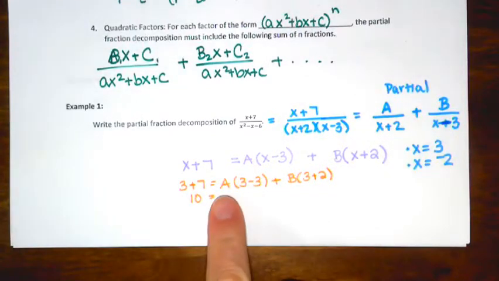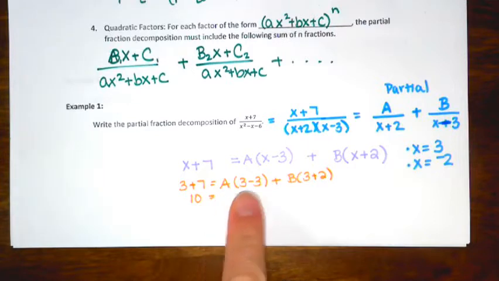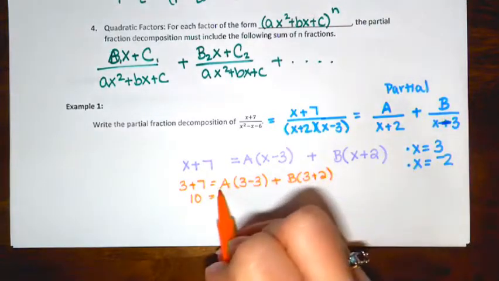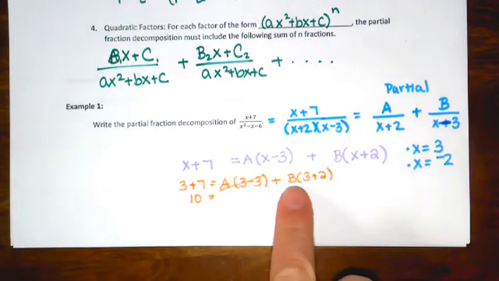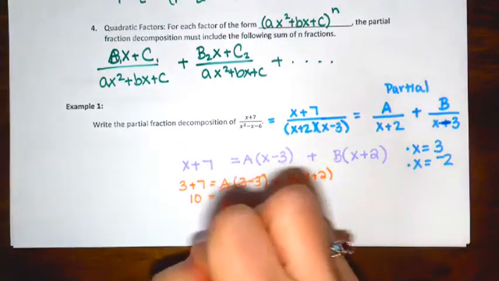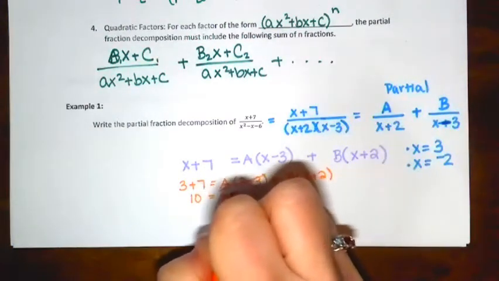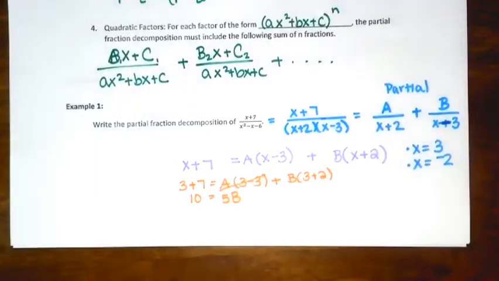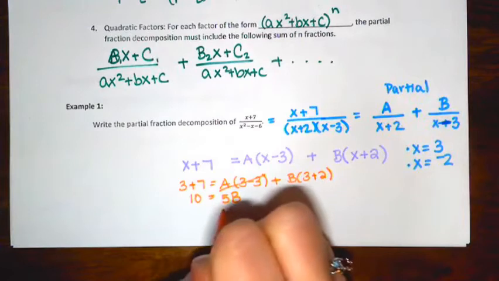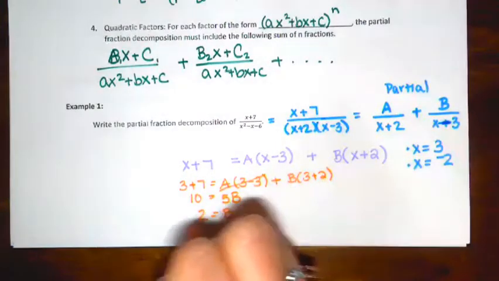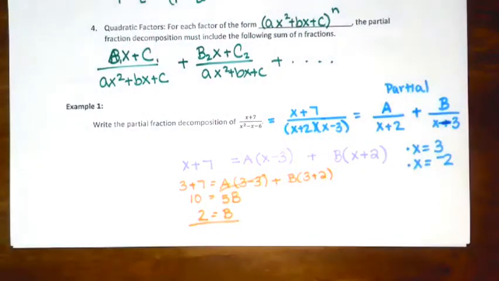And what's 0 times a? 0. So a cancels out, doesn't it? Plus b times what's 3 plus 2? 5. So we have 5b. So now can we solve for b? Yes. So b would equal 2. So now I know what b is. Can I find a? Yes.